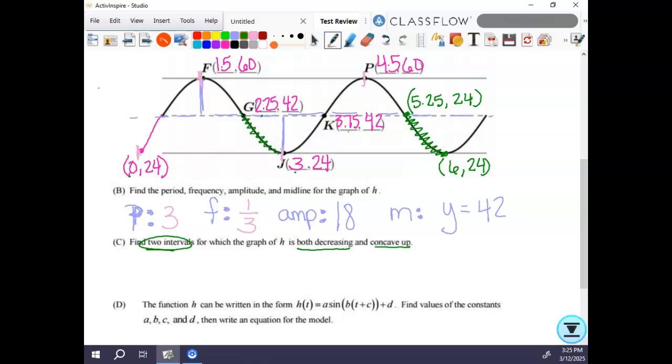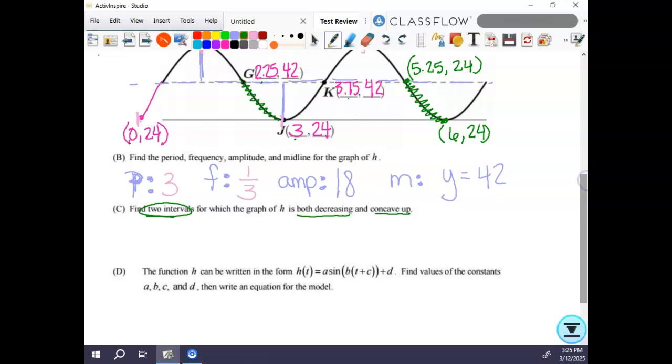So then my intervals, which are always intervals of the domain, would be from 2.25 to 3, and then 5.25 to 6. If I was using fractions, then this would be 9/4 here, and this would be 21/4. It would be the same thing, either way.